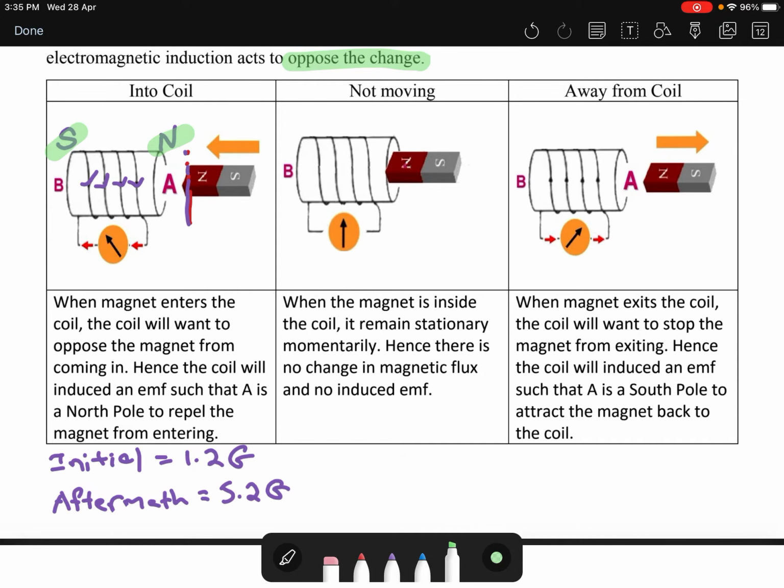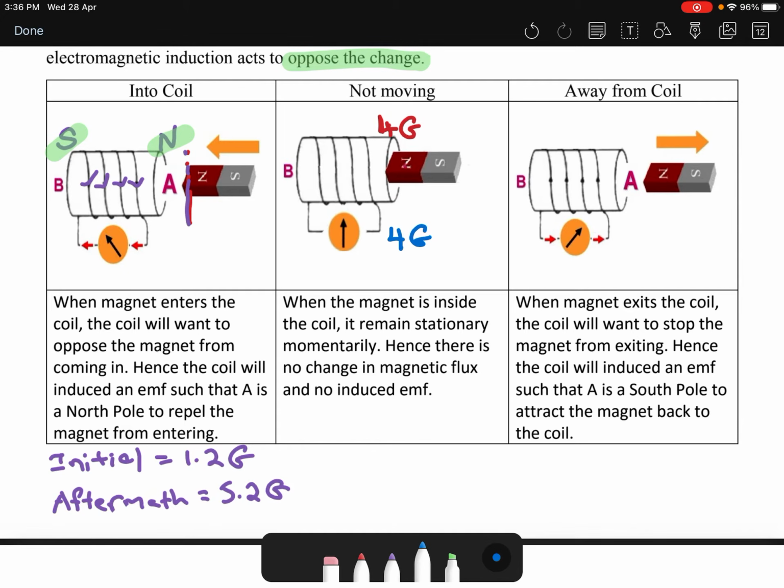What about if the magnet is not moving? I put my magnet near the solenoid. Initially, the coil of wire experiences maybe 4 Gauss of magnetic field. Since it's not moving, after some time it still experiences 4 Gauss of magnetic field strength.